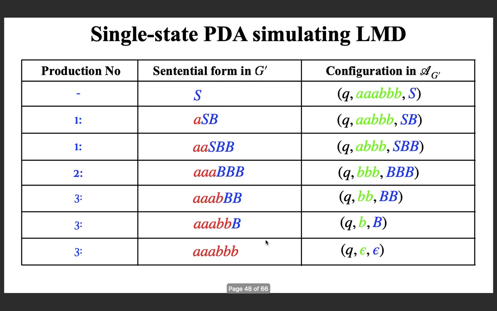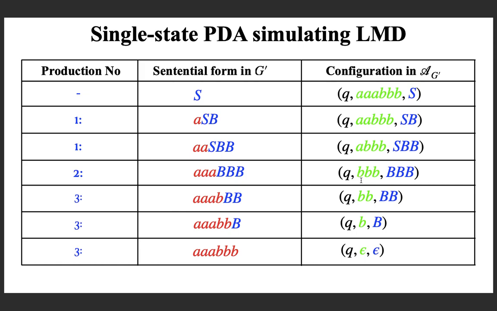At every stage, whatever string is already derived in the derivation process, the read head will be pointing to the next symbol after this, and BBB is the remaining part of the input.